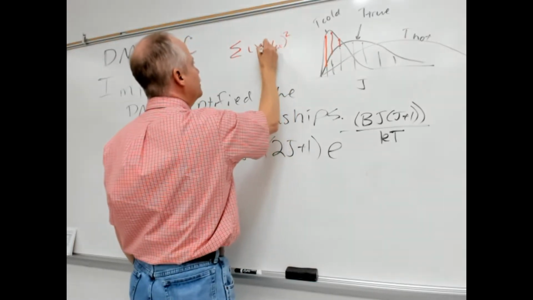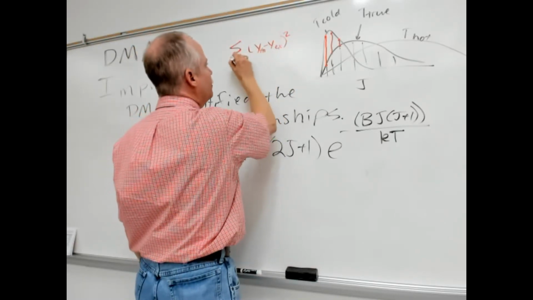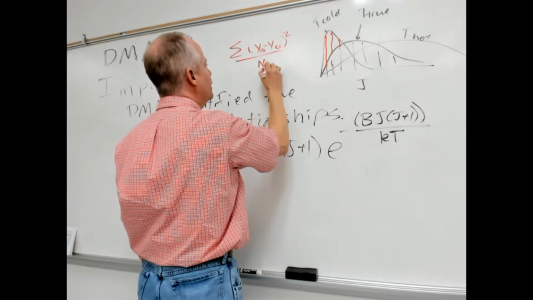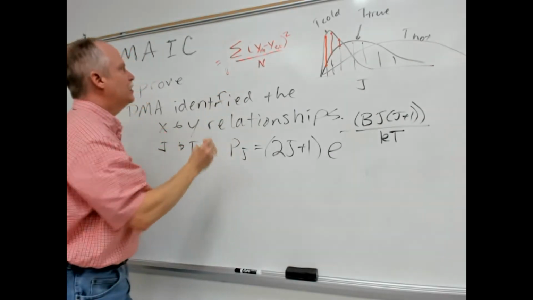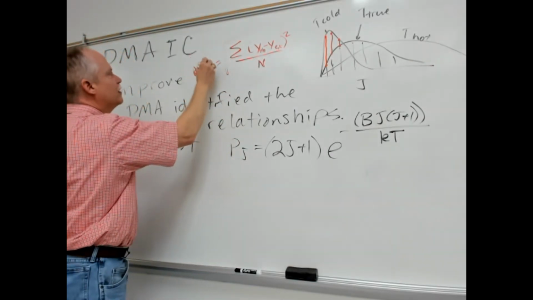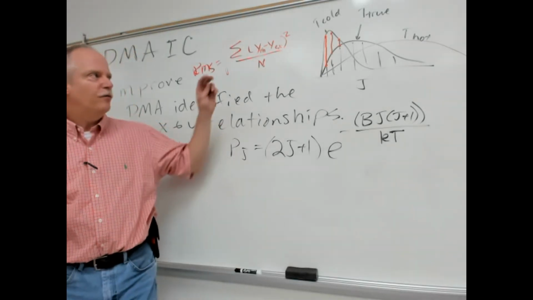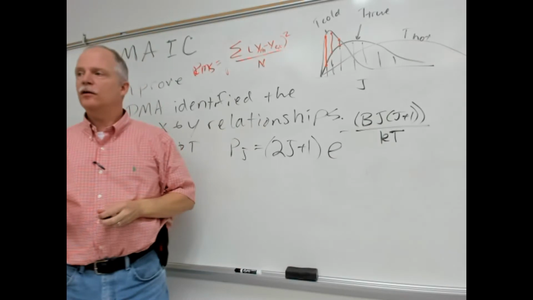Squared. So we take those differences, we square them, we add them together. If you wanted to divide by the number of points and then take the square root, you get the RMS value for the match between the theoretical and the experimental.